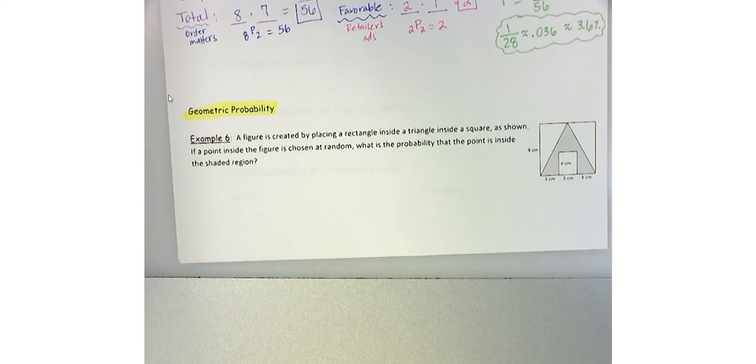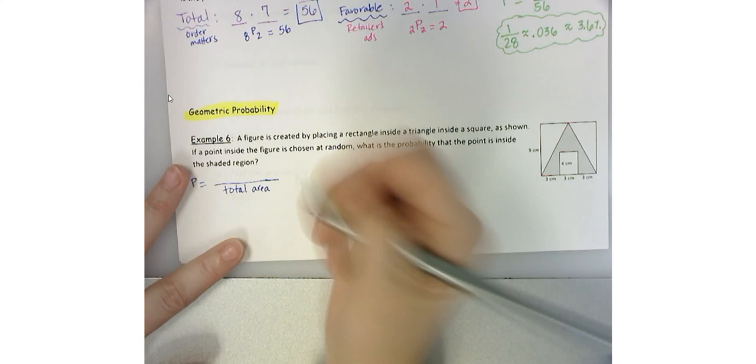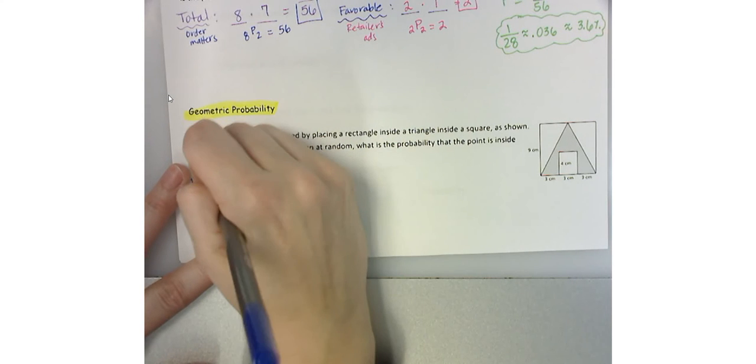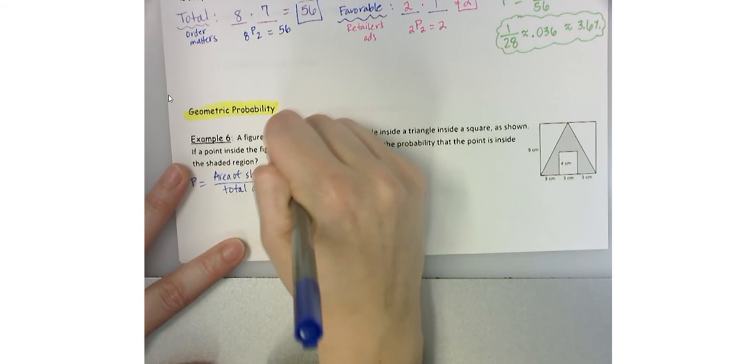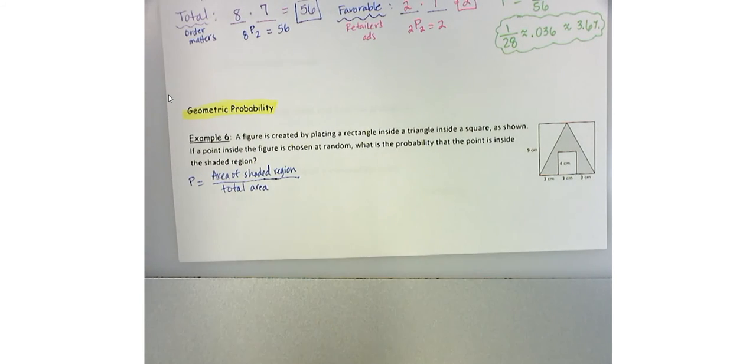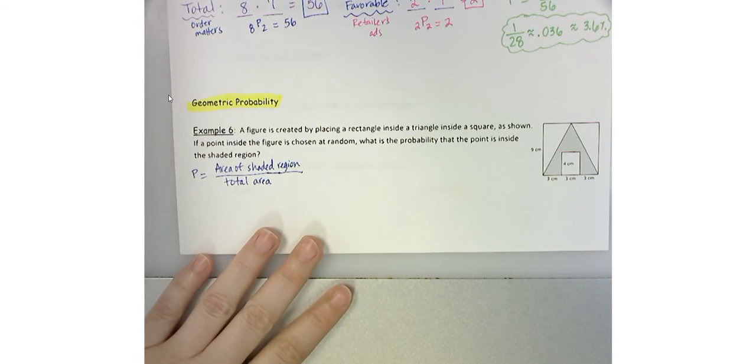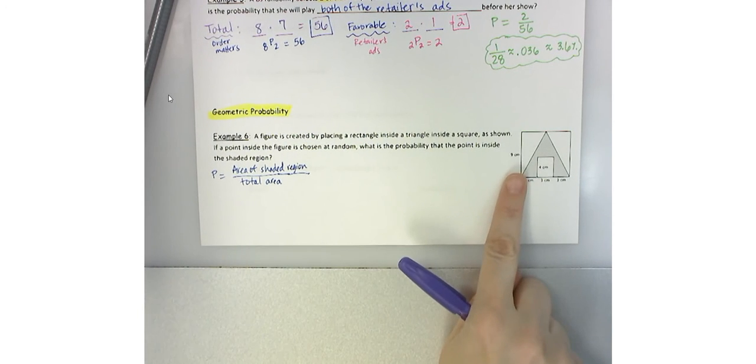The total area is the area of the square. So this whole shape here. And what is the length of each side of the square? 9. And you can see that here too, right? 3 plus 3 plus 3 is going to be 9. So the area of the square is your side squared, 9 squared, which is going to be 81 centimeters squared.